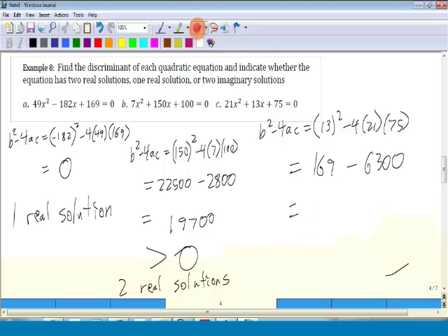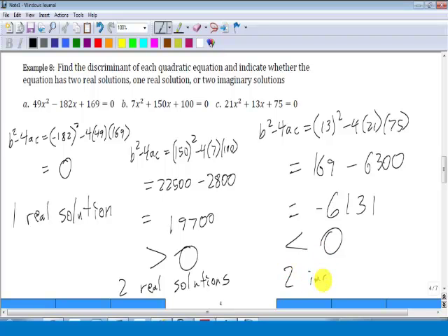It's going to be negative because the bigger of these is negative. Negative 6,131. Is that what it is? It's negative. And when the number underneath the radical sign of the quadratic formula is negative, you get two imaginary solutions.